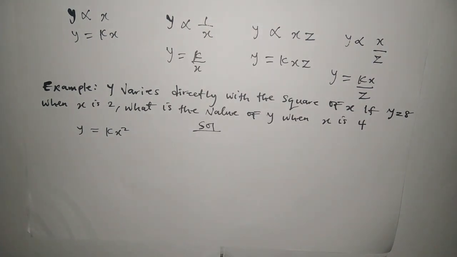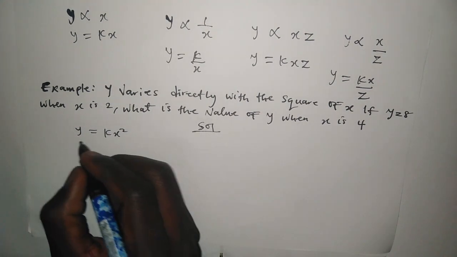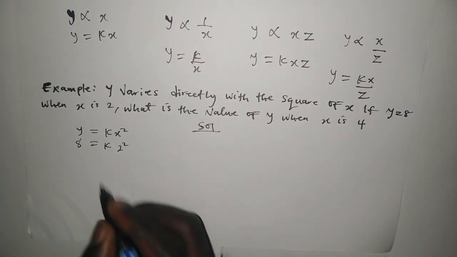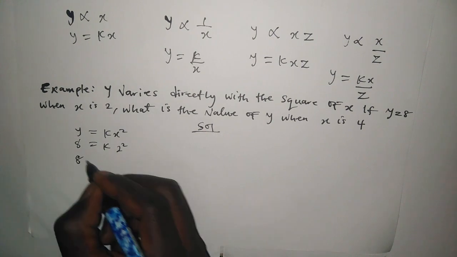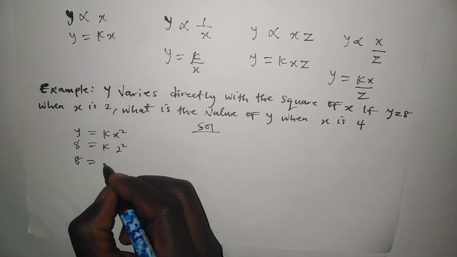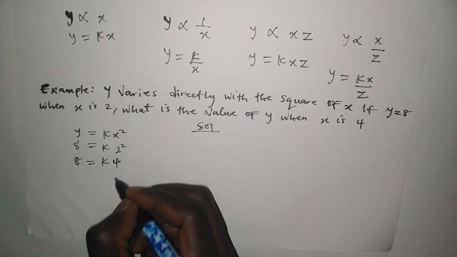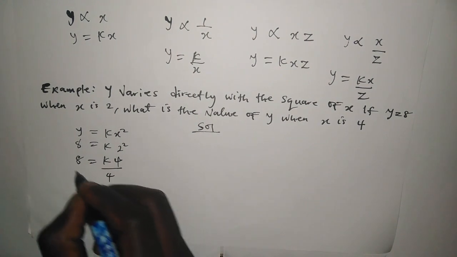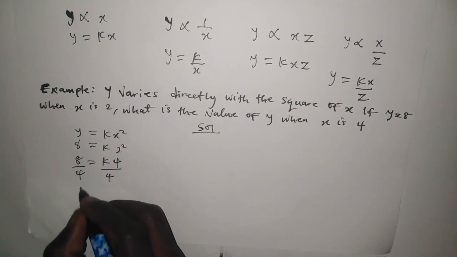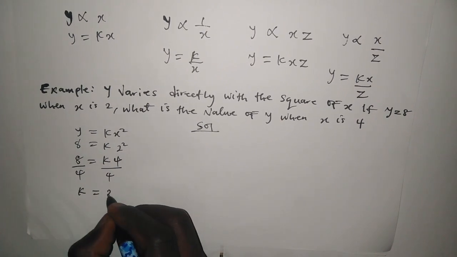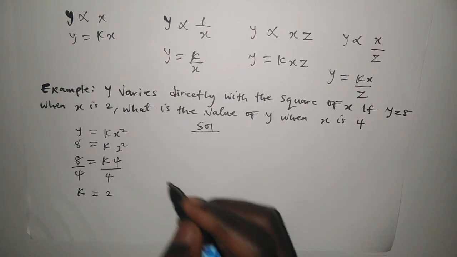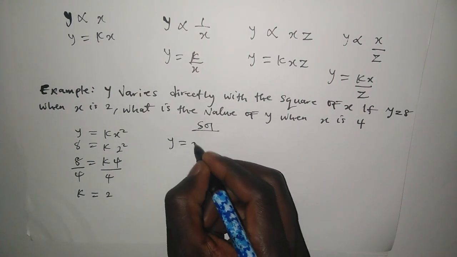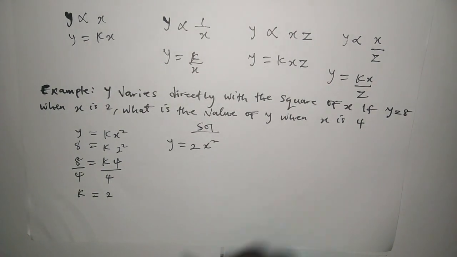When y is 8, x is 2. So 8 is equal to k times 4, because 2 raised to power 2 is 4. K divided by 4, k is now equal to 2. So you put it back in the first equation: y is equal to 2x squared.